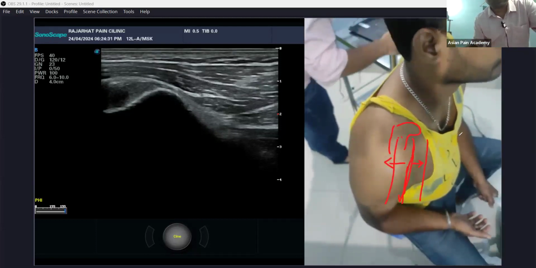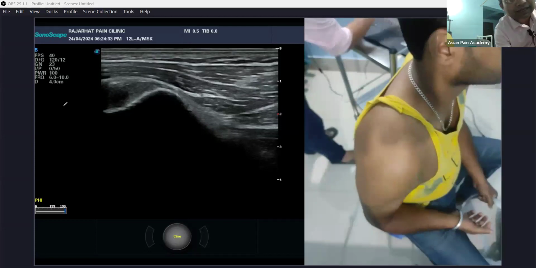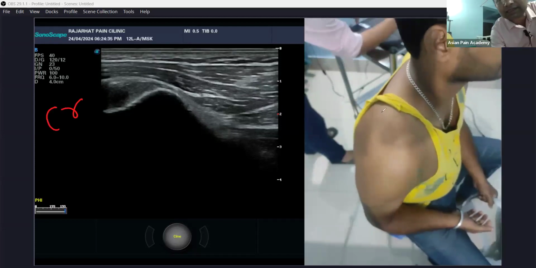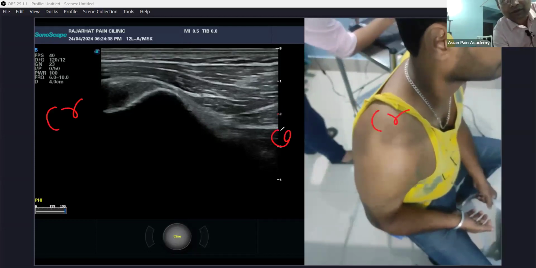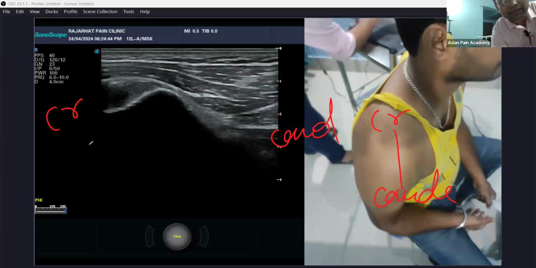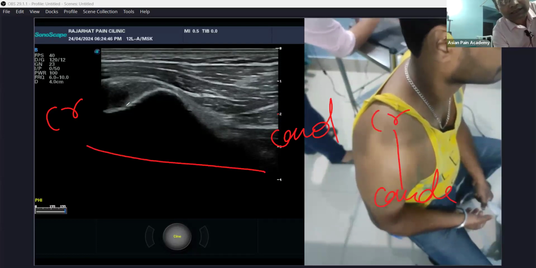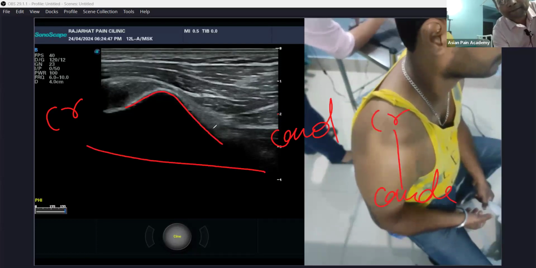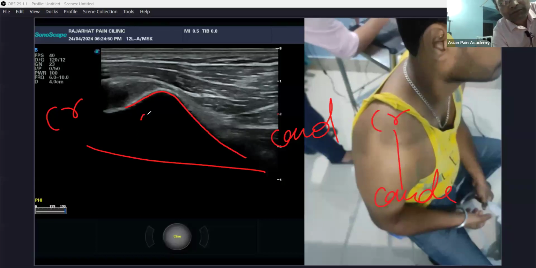The same thing: this is the cranial side, and this part is the caudal side. So when I'm doing like this medially, then this picture comes. This is the lesser tuberosity.